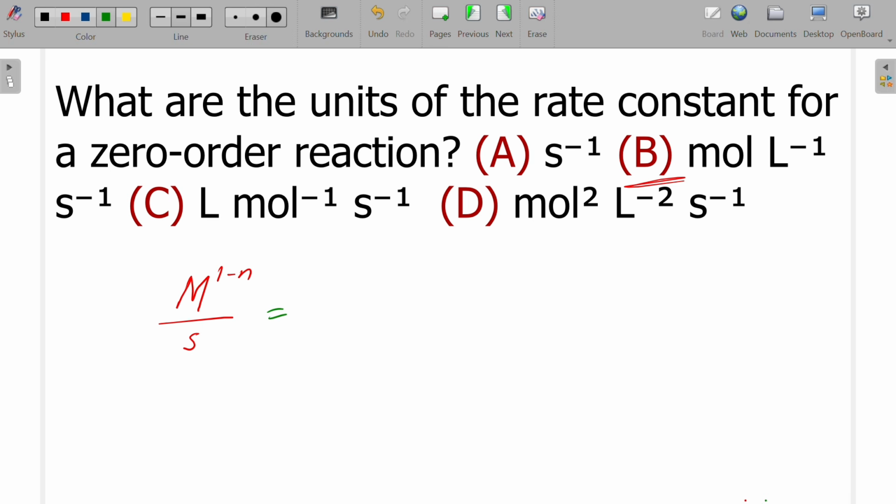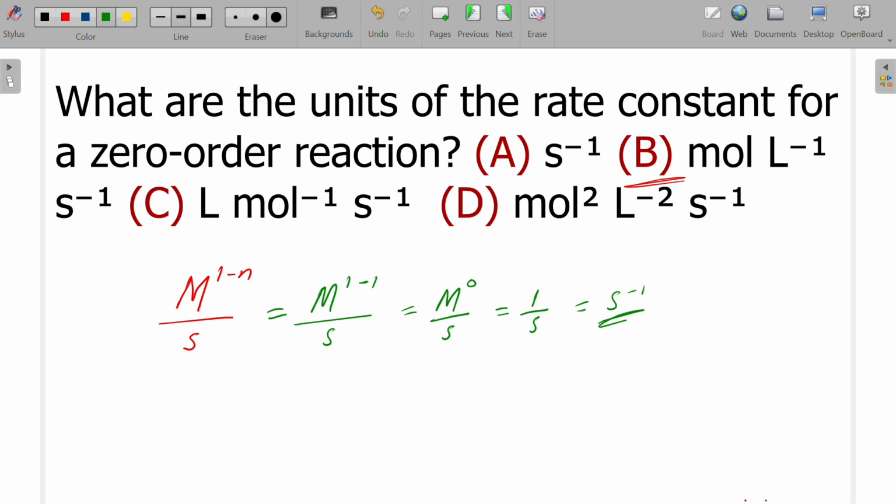Using the same method, this is equal to M to the power of 1 minus 1, since it's first order we replace the n by 1, then divided by s. Now 1 minus 1 is 0, and this will be divided by s. Anything given to the power of 0 is 1, so what we have on top is 1 divided by s.